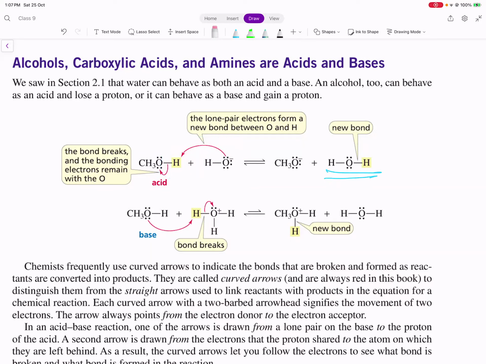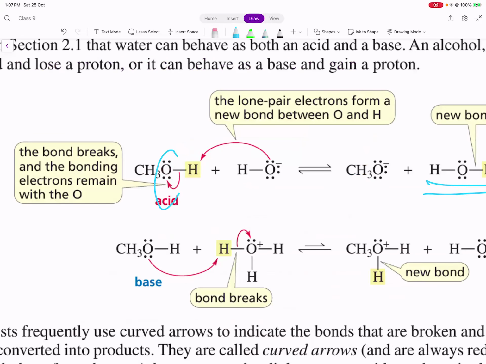And the second curved arrow shows this bond, which is breaking. What is this curved arrow telling me? It is telling me that this line, because one line is two electrons, is getting broken and these two electrons will go to this oxygen atom.